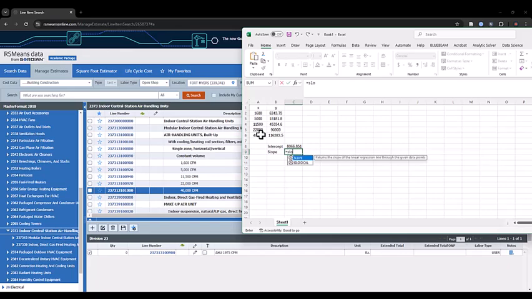And the slope, which is equal to the slope function, y-axis, and then x-axis, enter. Okay, so now whenever you have a new size of the equipment, let's say you want to do 1975, then you can let it equal the intercept plus x multiplied by the slope over here. Okay, and then you're going to have a more accurate way of estimating the price.